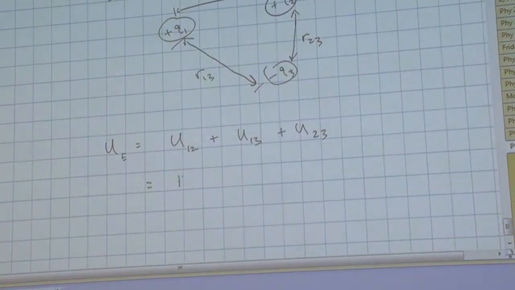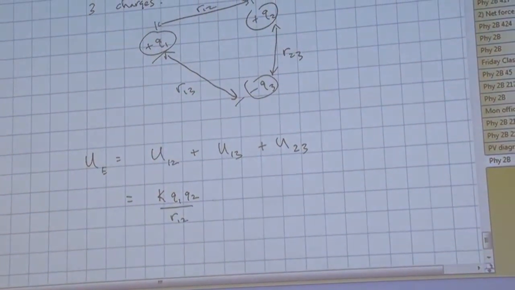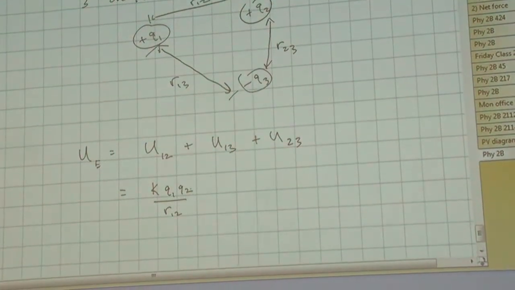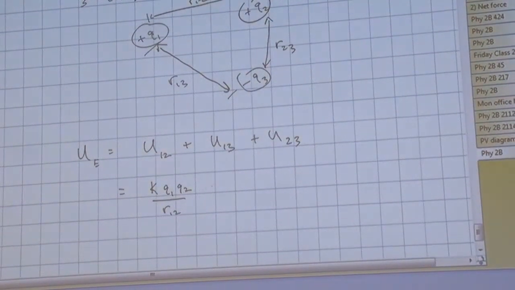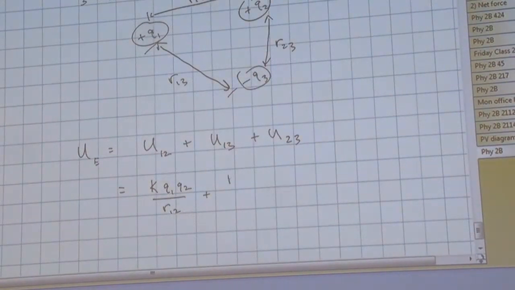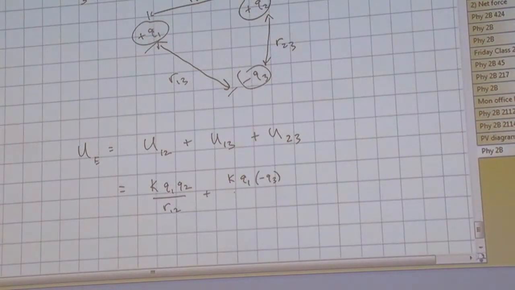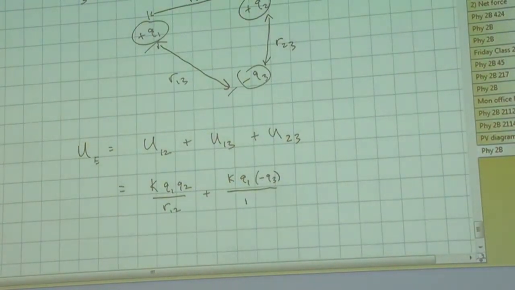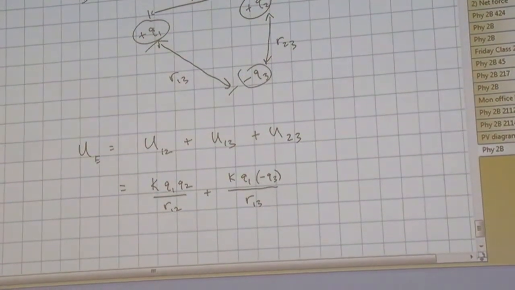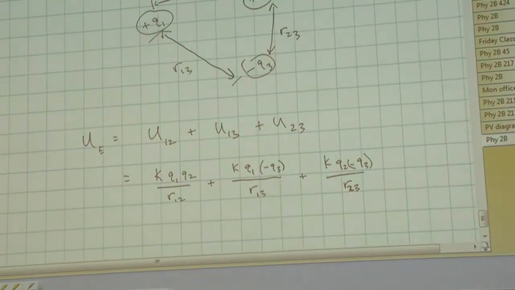So this first one is K, Q1, Q2 over R12. And I said they're both positive. And then this is going to be K, Q1, Q3. And if that's negative, you have to put a negative sign in there over the distance between them. And then we've got K, Q2, Q3, and Q3 might be negative, over R23.